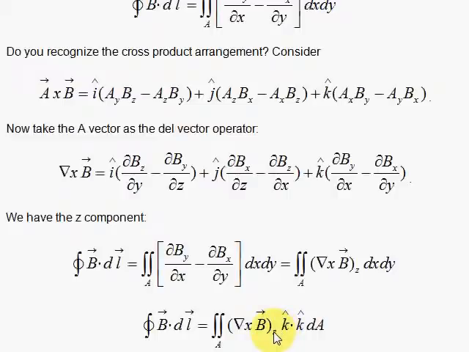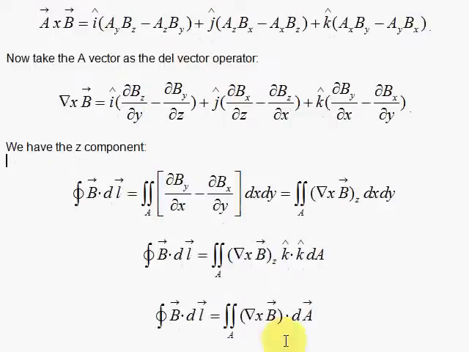The z component will come off, the other two components will vanish, and this is Stokes' theorem right there, where we have promoted a line integral to an area integration of that area that's enclosed with this neat little trick.